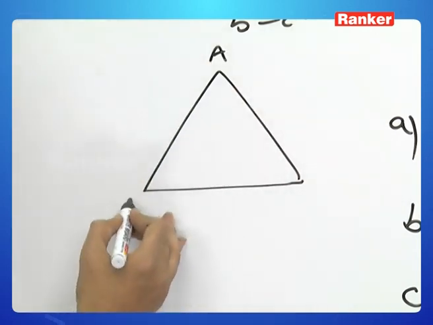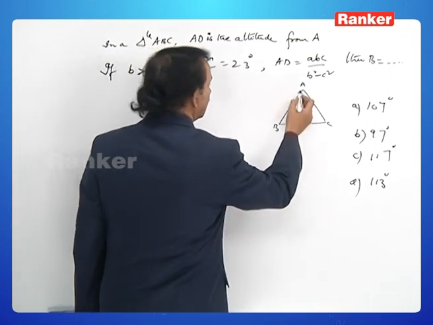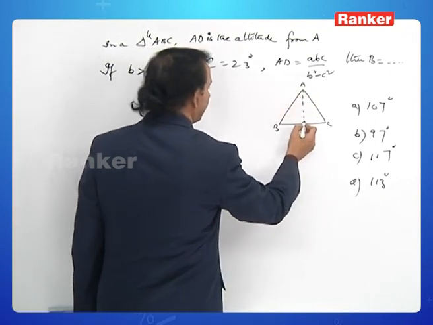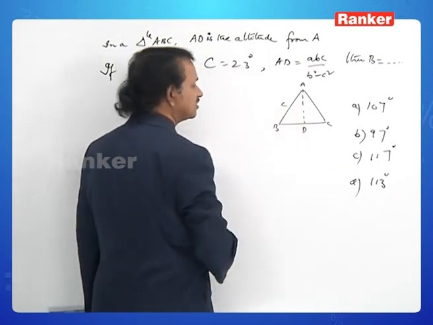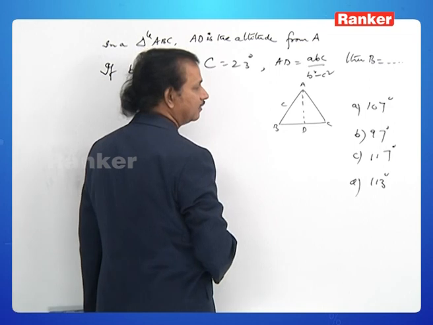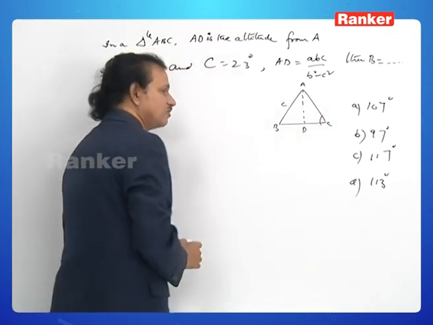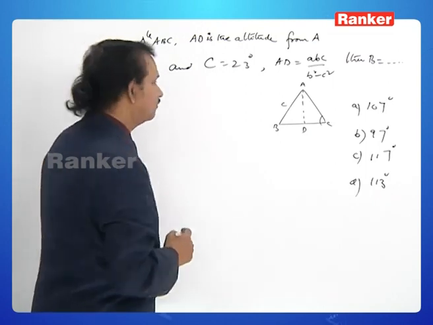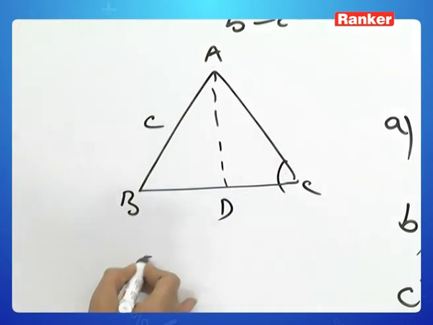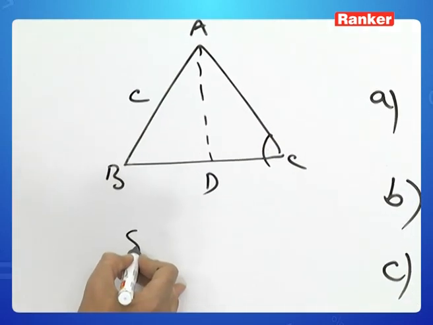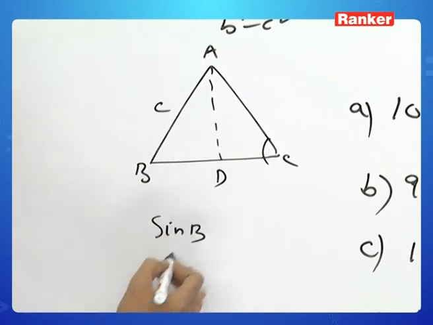Triangle A, B, C. This is the altitude. This is the side small c, and this is given to be, of course, 23 degrees. From the figure, what is sine C, or sine B even?